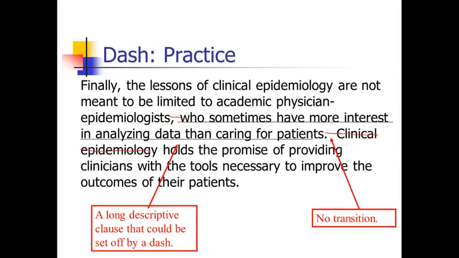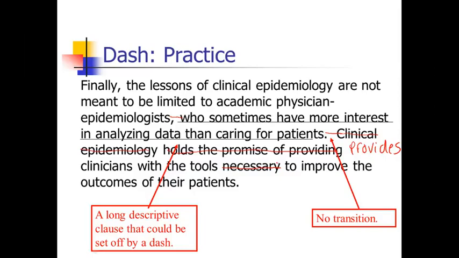It's a little bit awkward. Maybe we can fix that up a little bit. We get this holds the promise of providing. Well, a really short way to say that is just to say provides. Be direct. You get provides clinicians with the tools necessary to improve. Well, how about just provides clinicians with the tools to improve? That word necessary is not necessary there.